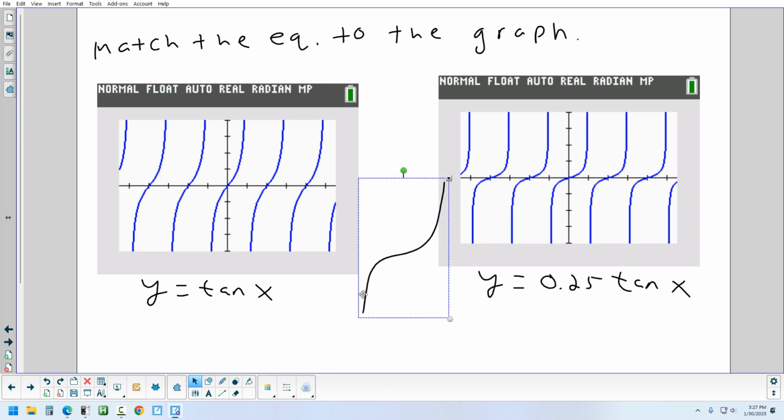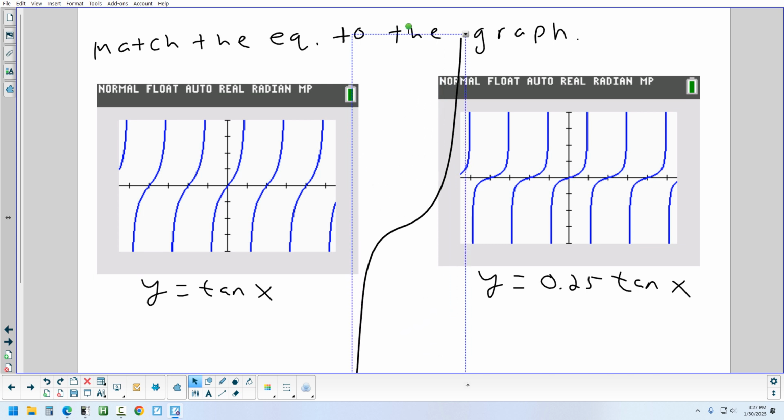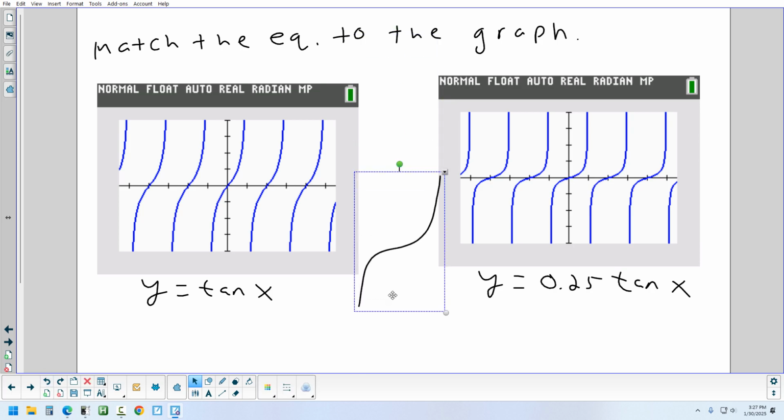Just like if you had something like this, if you take and start to stretch that out, the curve doesn't look as sharp. If you start squishing it vertically, then the curve starts to get so sharp it almost looks like it's flat in the middle, but it's not.